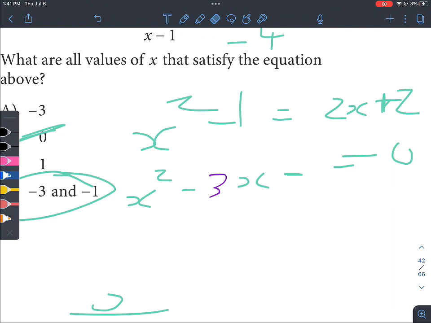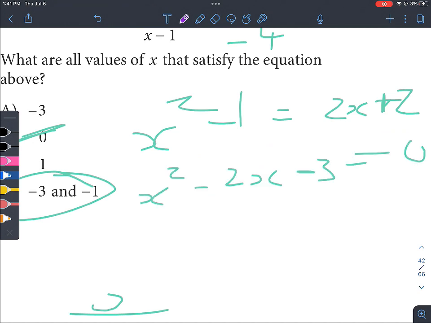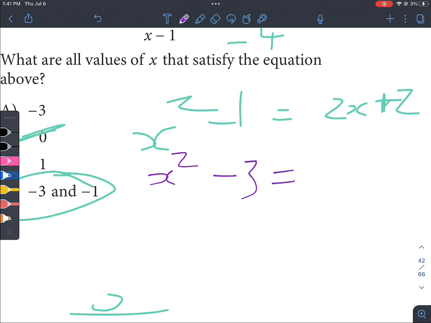Give me a second. Minus 3 and then minus 2x. That's not what I had before. This is taking longer than I expected. Okay, sorry. Let's see, x squared minus 3 equals 2x. x squared minus 2x, keeping that standard form, minus 3 equals 0.